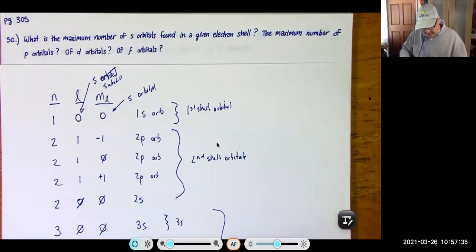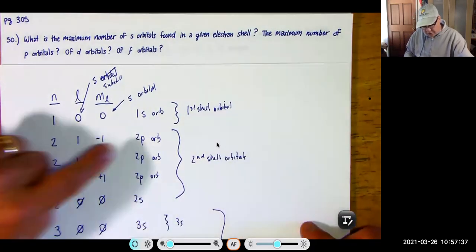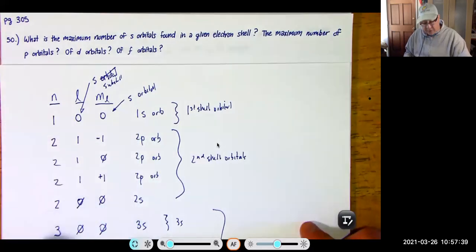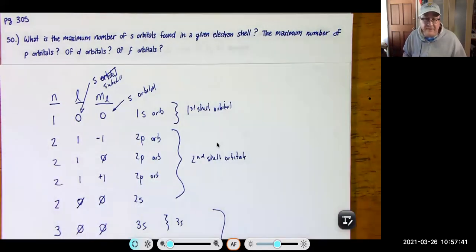What's the maximum number of p's? Well, here we've got 1, 2, 3, 3 p's. How many p's can you have? 3. How many d's? 5. And how many f's? 7. Okay.